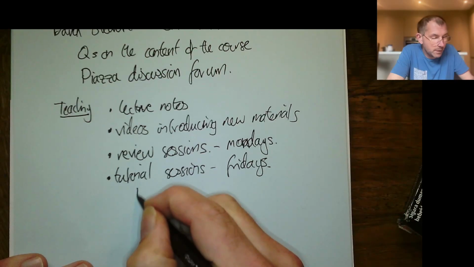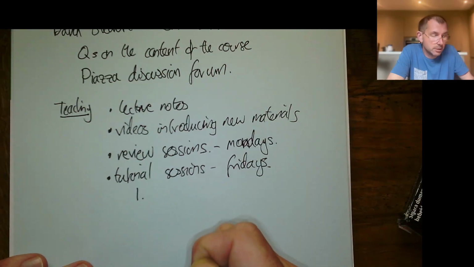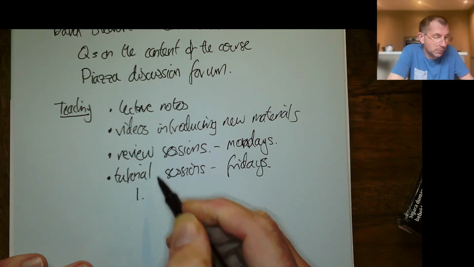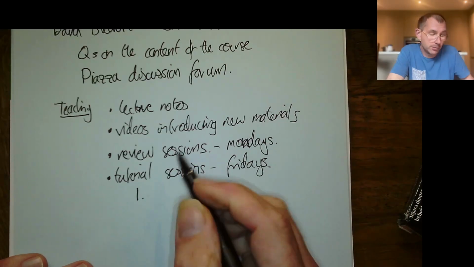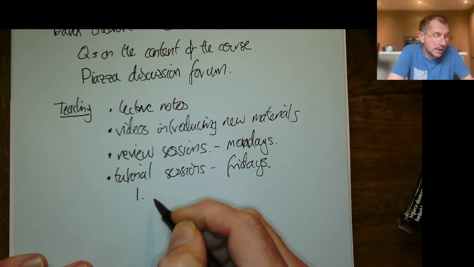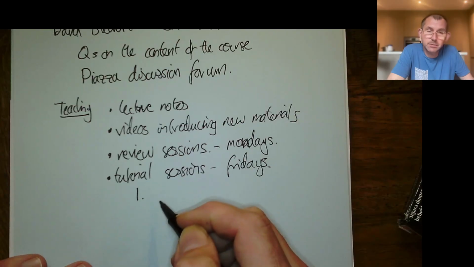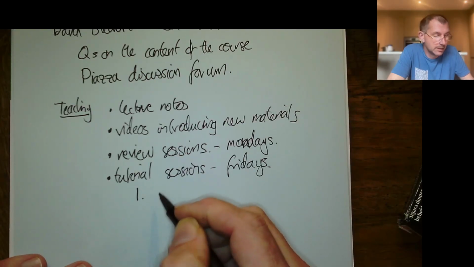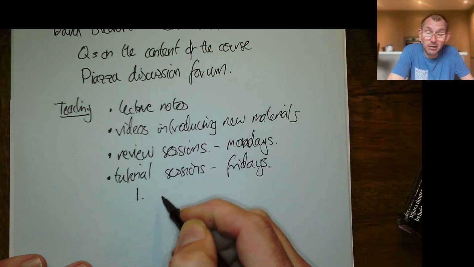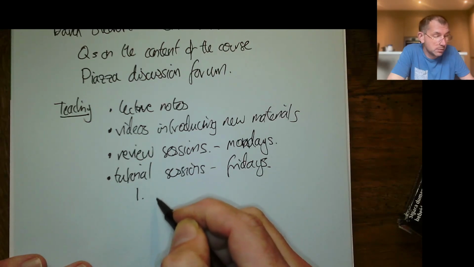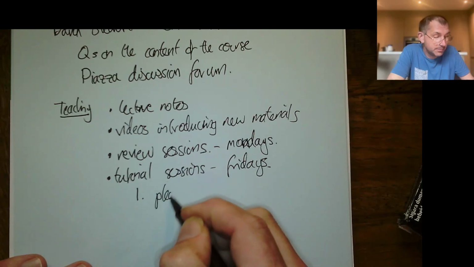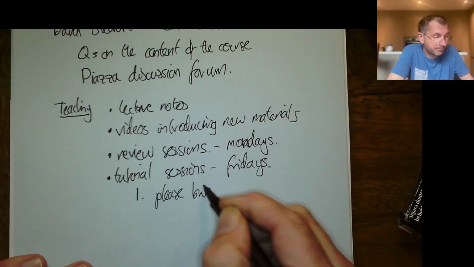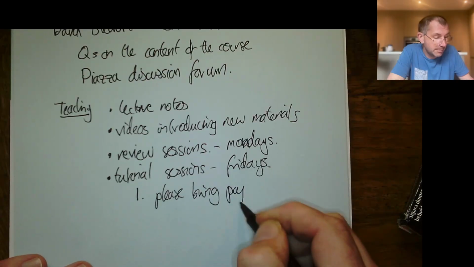So the first thing about doing maths that you need to know is that there is nothing better in this world that has been invented than doing it on paper. So please bring paper.